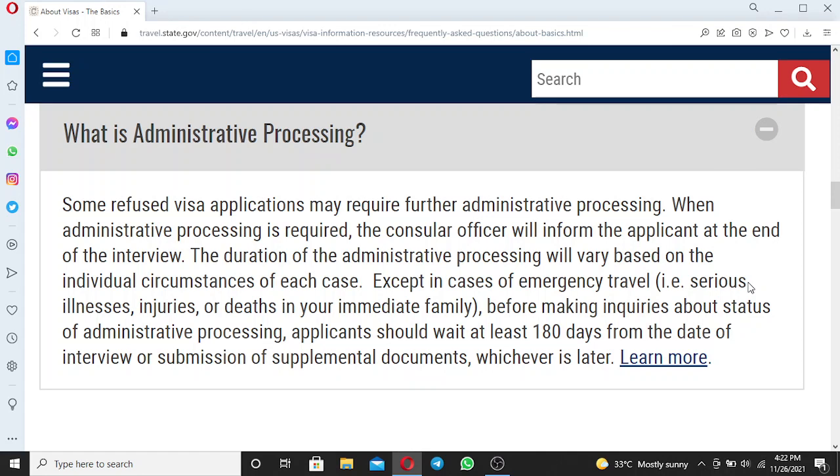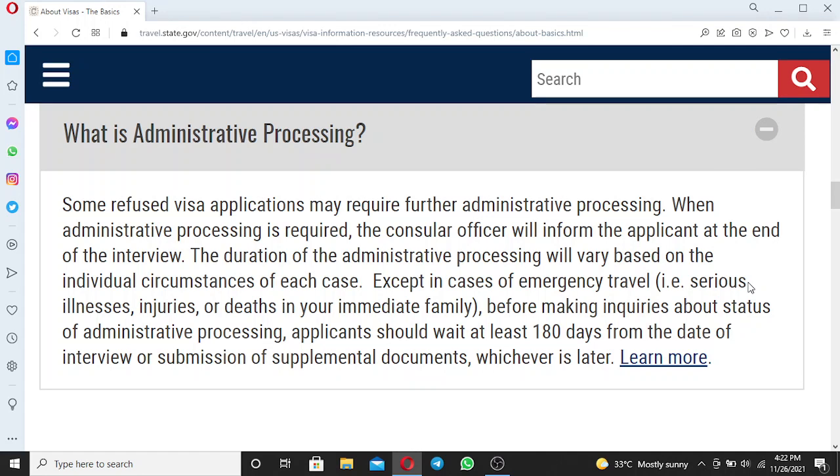So you have gone for the visa interview to the US Embassy or consulate, but the consular officer has put your case under administrative processing. So what does this mean? This means that some visa refusal applications may require further administrative processing.